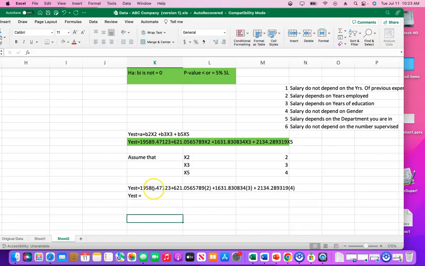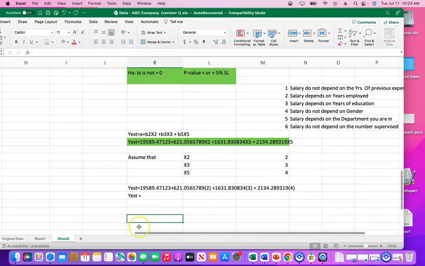So do the calculation here. Take this A or Y-intercept plus this value times 2 plus this value times 3 plus this value times 4. So you will get the Y, or we call Y estimate, or we can estimate the salary of this particular person.